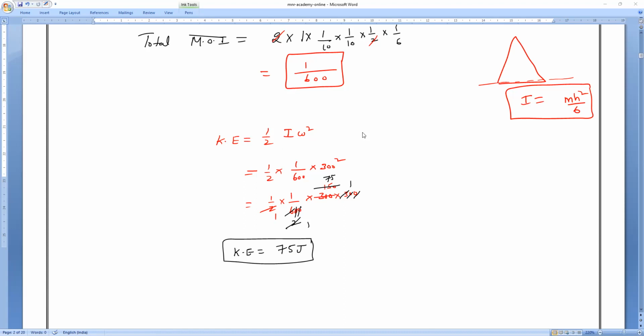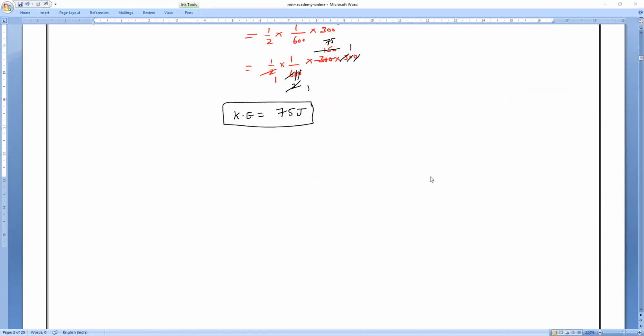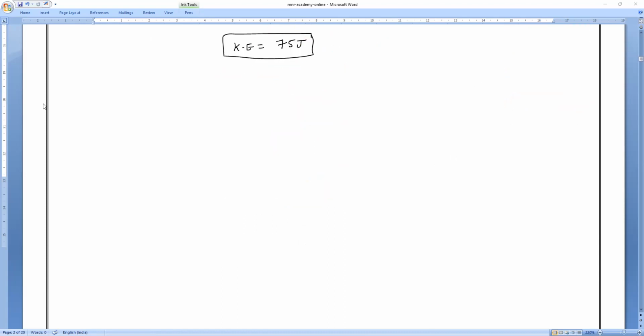Next question, right? A wheel whose moment of inertia is equal to 3 kg meter square and tau is equal to 6 Newton meter.